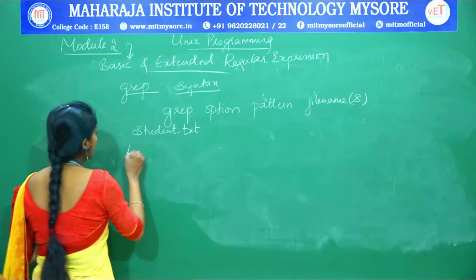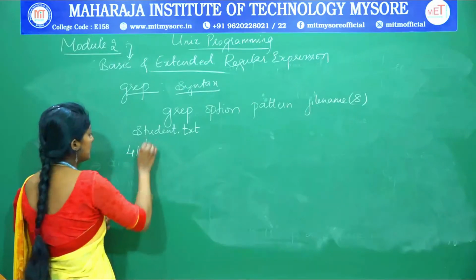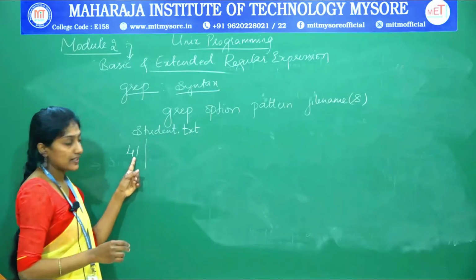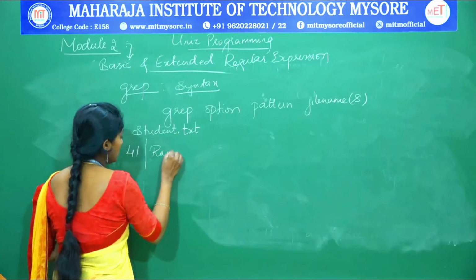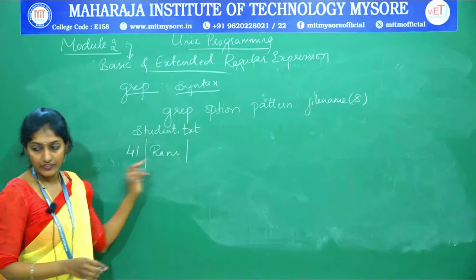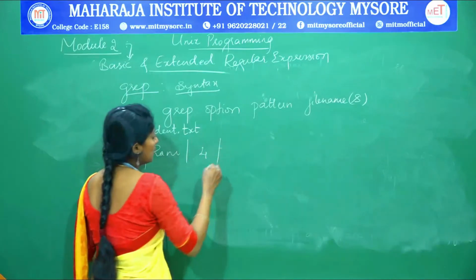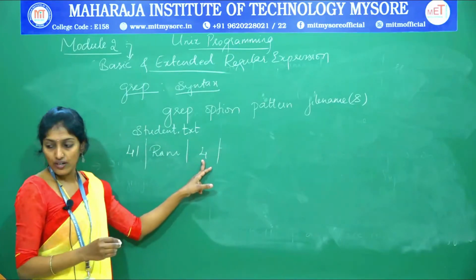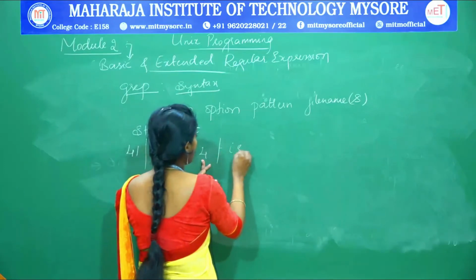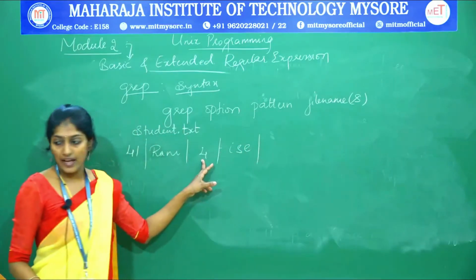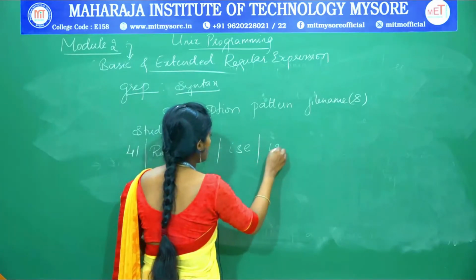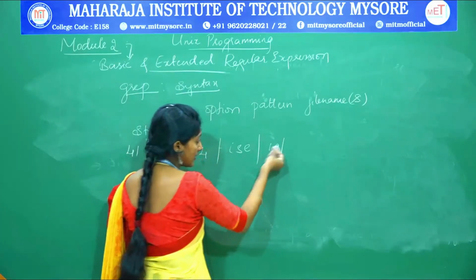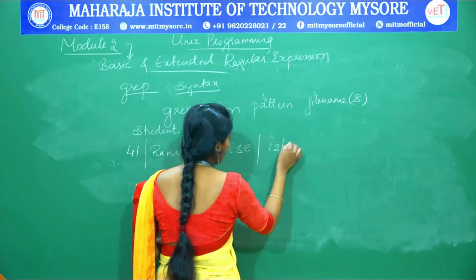Let me assume the content displayed is the roll number or the USN, then name, then semester. The semester is 4 as of now. Next, ISC, which is the branch, followed by the date of joining, if you want to display it, which can be displayed here.